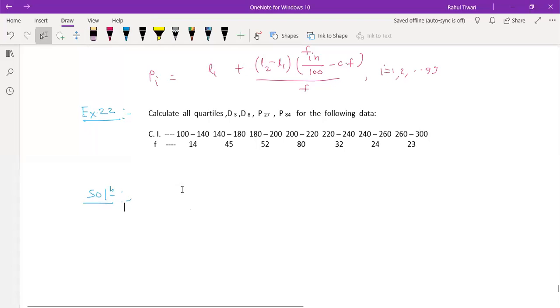We have to create the same table again like we made for the previous problem.